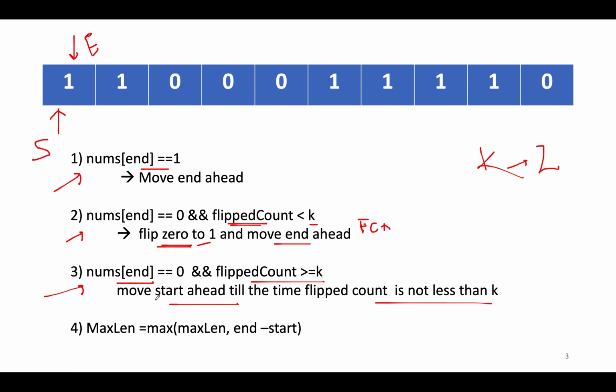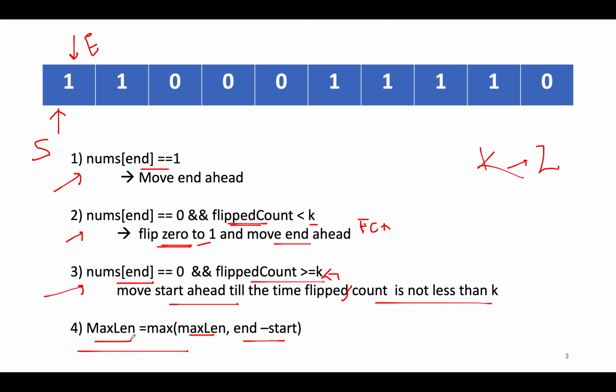As soon as you are able to move ahead from the nums of start that happens to be 0, the flip count will be updated and the condition will be breached. We'll talk about it when we go through the example. Just remember these 3 steps, and in the end we'll always check whether my current length, which is represented by end minus start, happens to be greater than the max length. If that is the case, I update my max length variable.